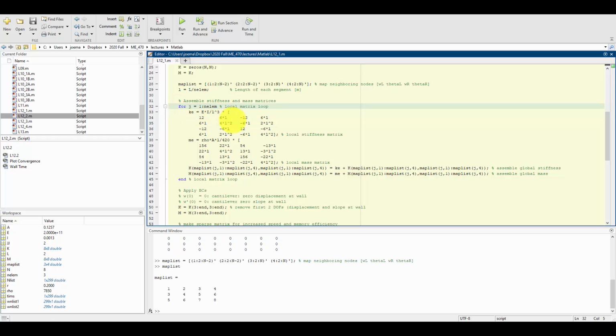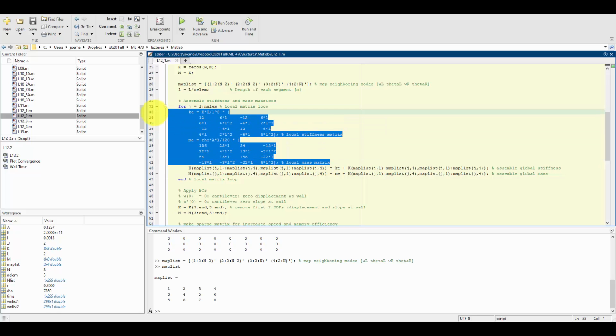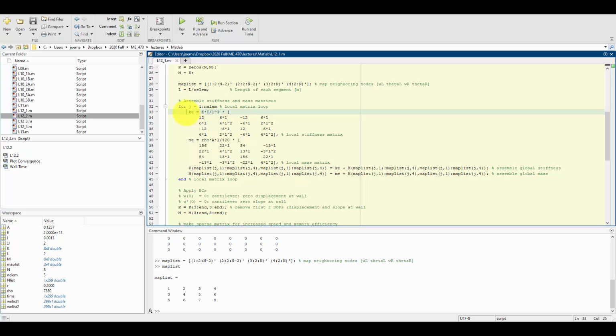So now I'm going to go element by element and create each element's local stiffness and mass matrices. So here, these are defined the same way they were defined on the slides. So using this particular shape function, these were the stiffness and mass matrices, the local stiffness and mass matrices that we came up with.